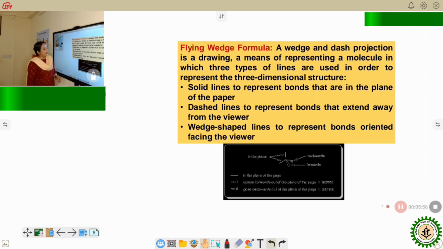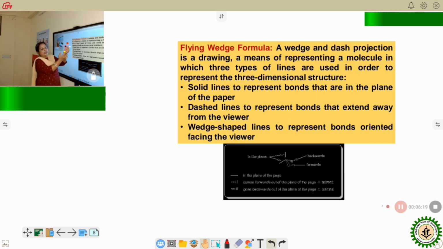Next one, that is the flying wedge. When we represent any flying wedge type of compound, any carbon atom is linked with four different groups. Here two groups are in the plane, and of the other two groups, one is up and another is below. So if I represent this carbon atom, it is linked with four different groups.